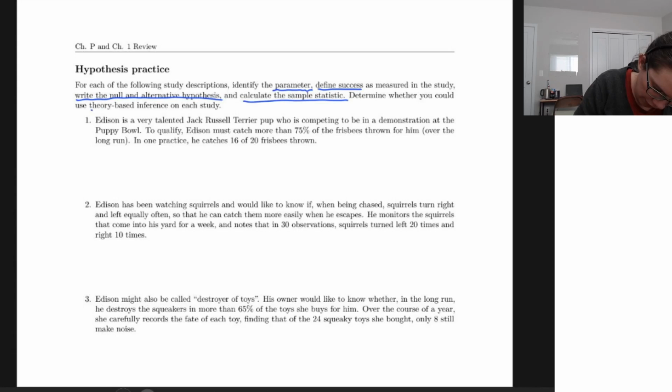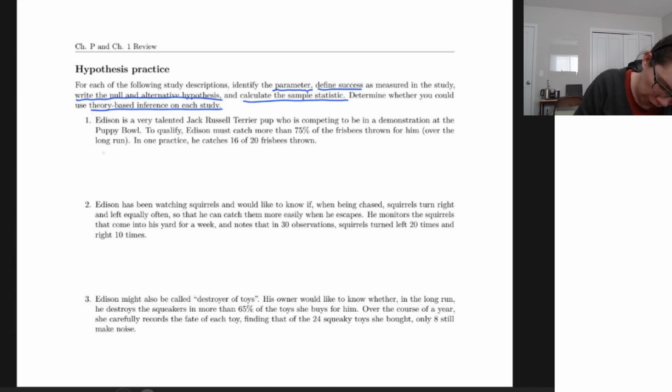And then can you use theory-based inference? Okay, so parameter for the first problem. Edison is a very talented Jack Russell Terrier puppy who is competing to be in a demonstration at the Puppy Bowl. To qualify, Edison must catch more than 75% of the frisbees thrown for him over the long run.